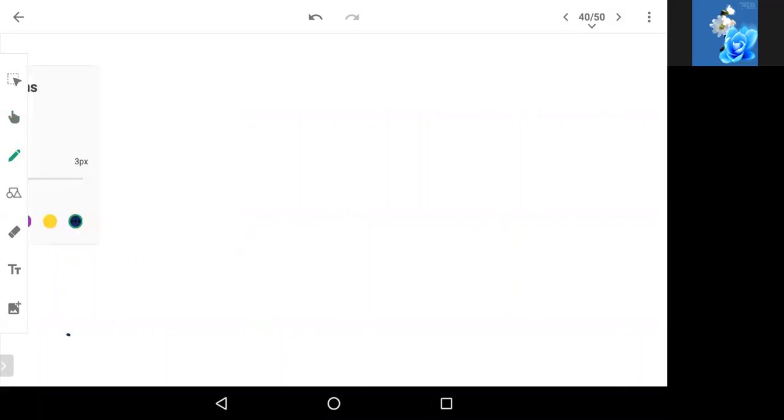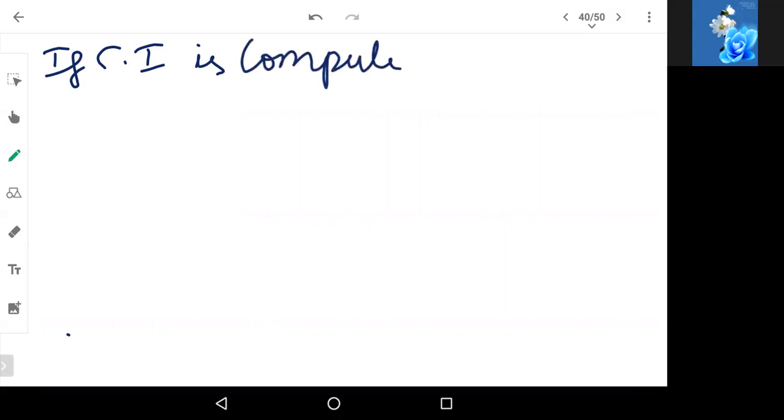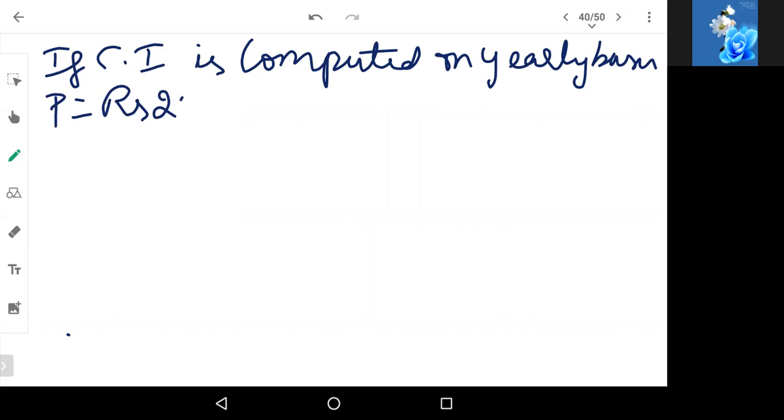So here, if compound interest is computed on yearly basis, so principal is 20,000, rate of interest is 4%, time is 4 years.